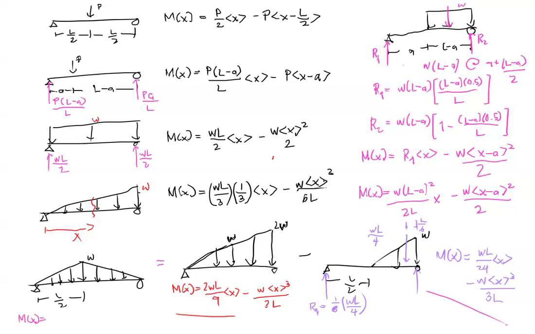So, meron akong 2 omega L over 9 minus omega L over 24.